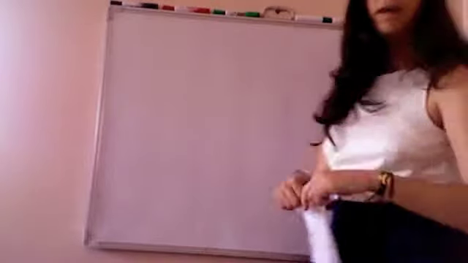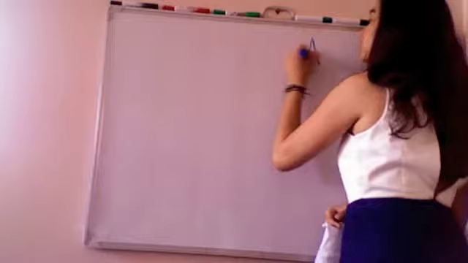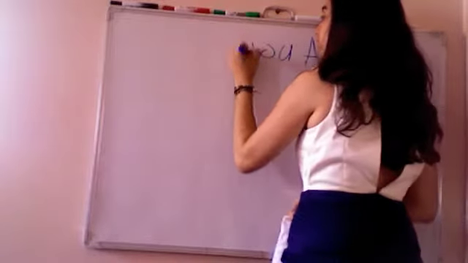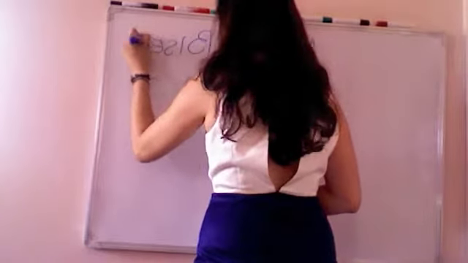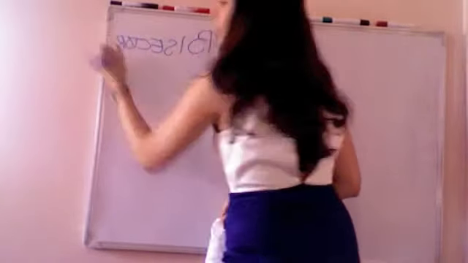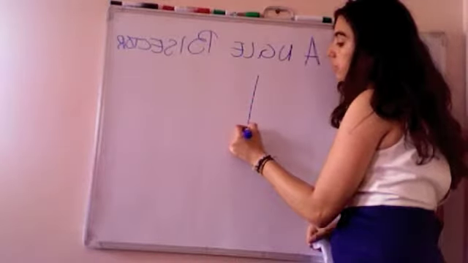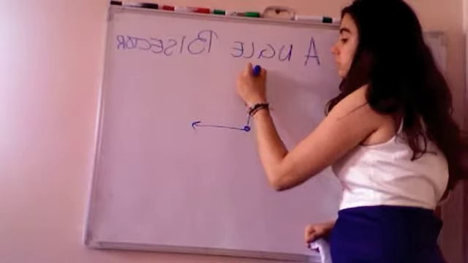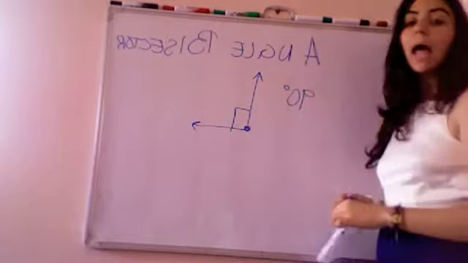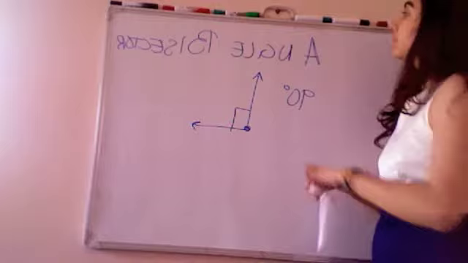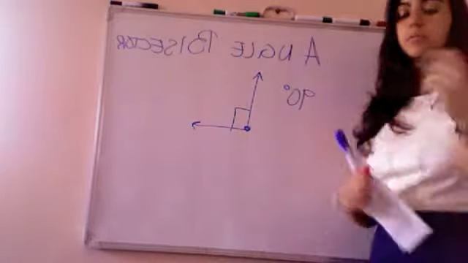About the angle bisector. What is it? For example, let's take 90 degrees. An angle bisector is the same as it would be in a line segment.